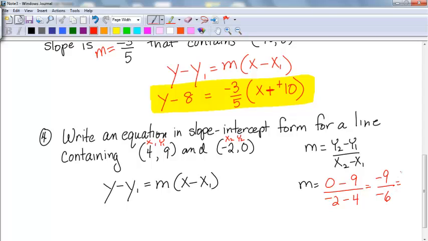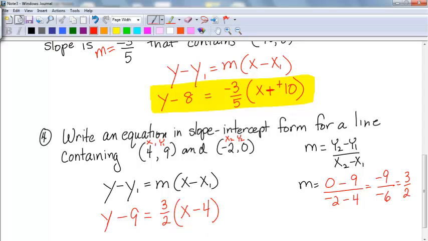Negative divided by negative is positive, and 3 goes into both of them, so you'd have 3 halves. Okay, so we have the slope is 3 halves. And then fill in your same ordered pairs. So y minus, my y sub 1 was 9, and my x sub 1 was 4.